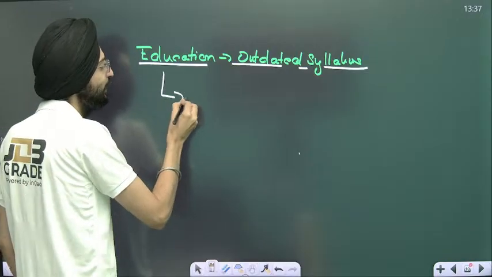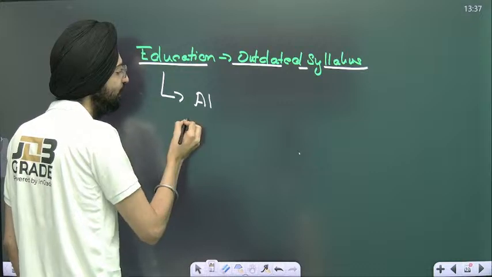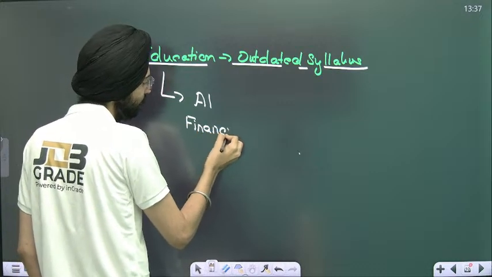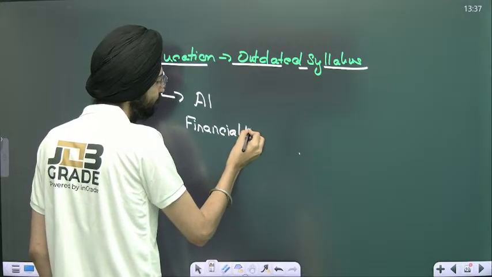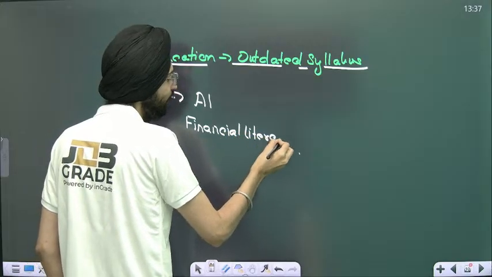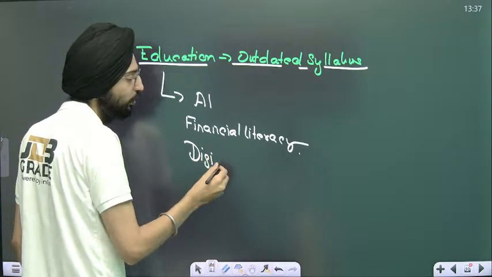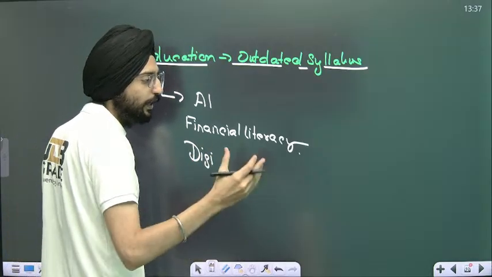We need AI. We need financial literacy, how to invest our money. We need digital literacy, to know all the Microsoft Office stuff out there, MS Excel, PowerPoint.